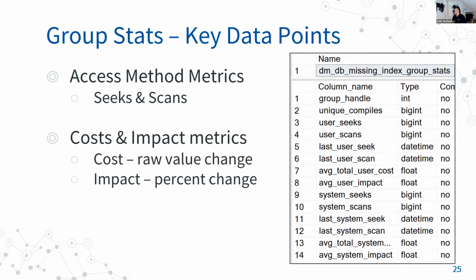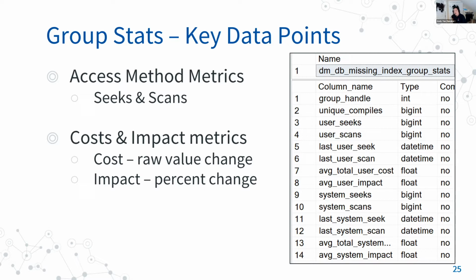The cost, or the average total user cost column, refers back to the query cost that you see in your execution plan. Remember that query cost in execution plans is a unitless value. Everyone has their own favorite slang term for it, whether query bucks, farkles, query tiers, or whatever silly name you want to give it.